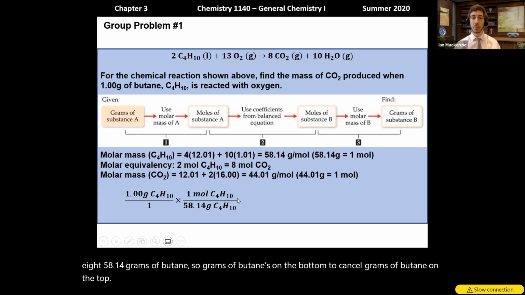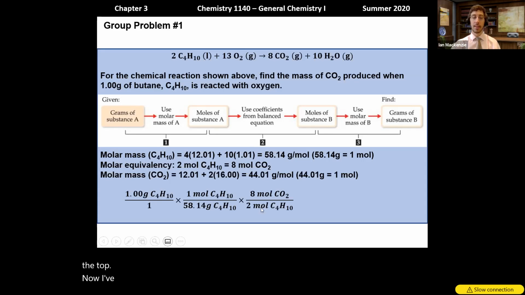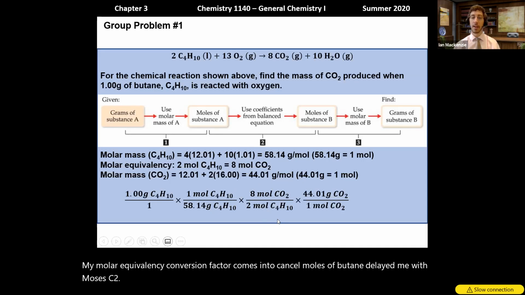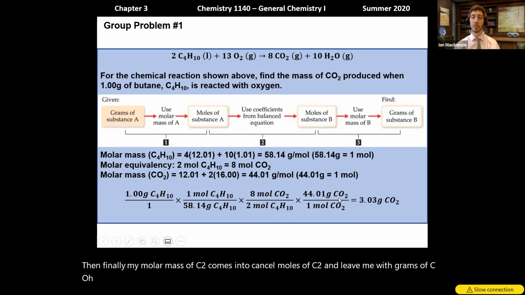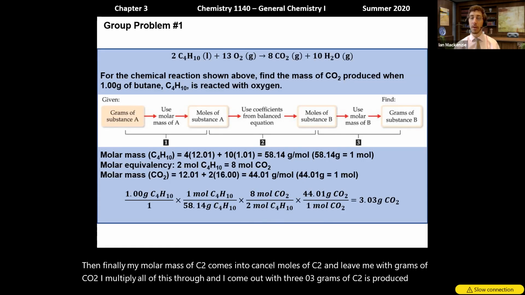Now I've got moles of butane. Then my molar equivalency conversion factor comes in to cancel moles of butane and leave me with moles of CO2. Then finally, my molar mass of CO2 comes in to cancel moles of CO2 and leave me with grams of CO2. Multiply all of this through and I come out with 3.03 grams of CO2 produced from burning 1 gram of butane.